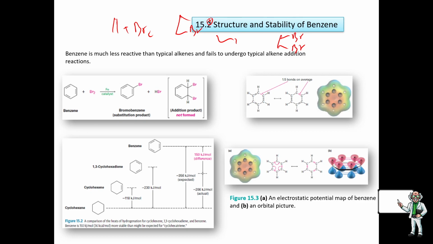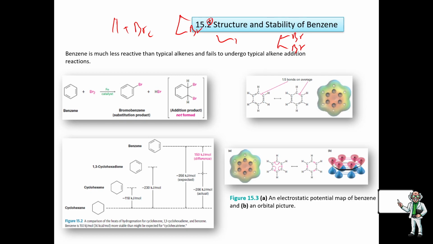First surprise. In order to get a reaction, we have to force the conditions. We have to add a catalyst, iron tribromide. This iron tribromide is able to activate the bromine, and then we have a monobromination instead of the expected dibromination. That means the chemistry of benzene is very different from the chemistry of a double bond.